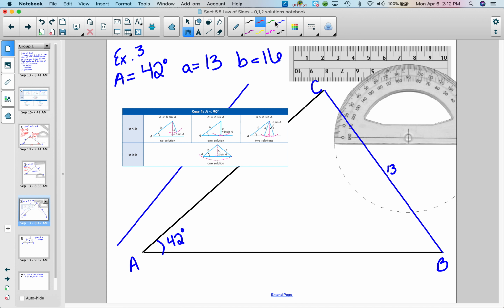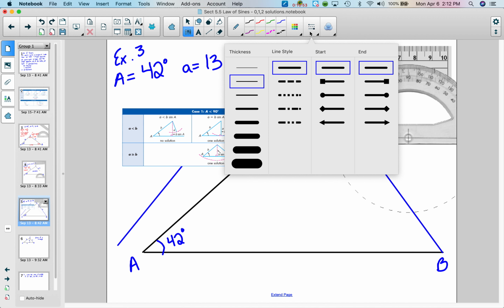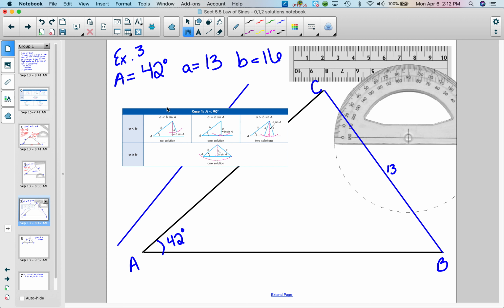Okay, so angle A is less than 90 degrees, so we're in this part. We have side A less than side B, which puts me on this part. So this is when I need to know what B sine A is.